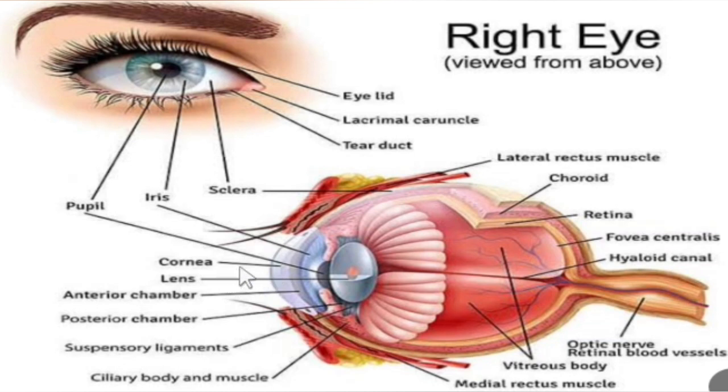Okay, so behind this we are having another layer. We are having choroid. Choroid is basically a pigmented and vascular layer, and this is meant for nutrition to the retina. And if you look at its interior part, then it is the iris. Iris is the colored part of the eye, and this is basically a muscle.